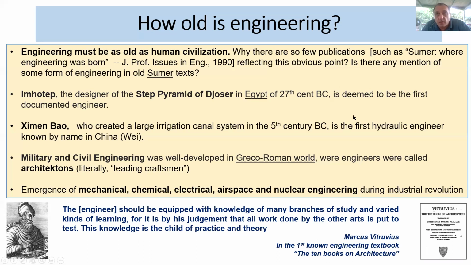I just want to mention some words of the first military engineer, who served with Julius Caesar, and then civil engineer Marcus Vitruvius, who wrote the first known book about engineering.